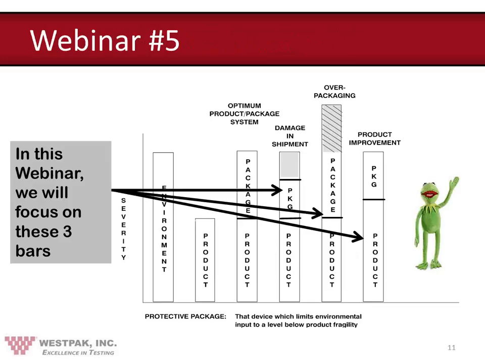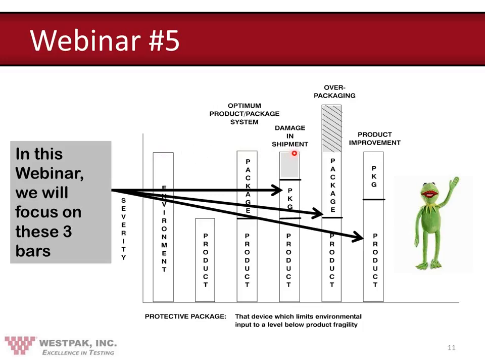In this webinar, we're going to look at the last 3 bars where we put the product and package system together. In other words, we design the package and we test the package for its ability to meet the requirements of the distribution environment. What we're really trying to do is to make sure that the product package system just meets the inputs that are going to be experienced from distribution.